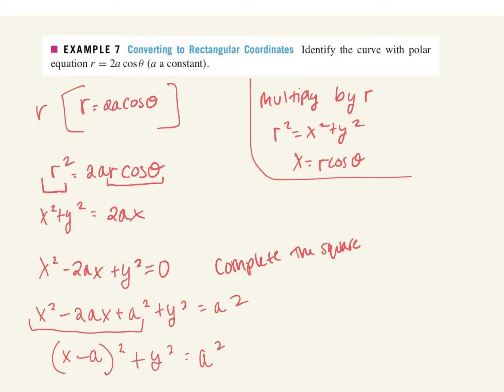Remember that a is some constant, right? And in this case, now I have fit this into the equation of a circle with radius a and center at a comma 0.